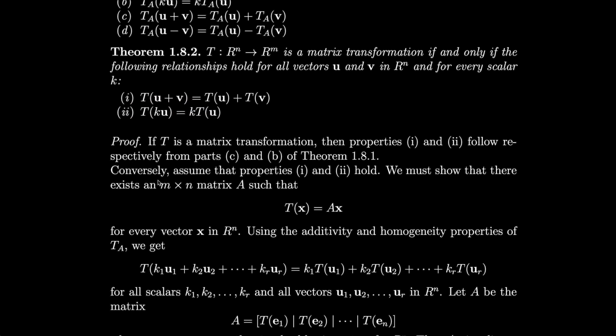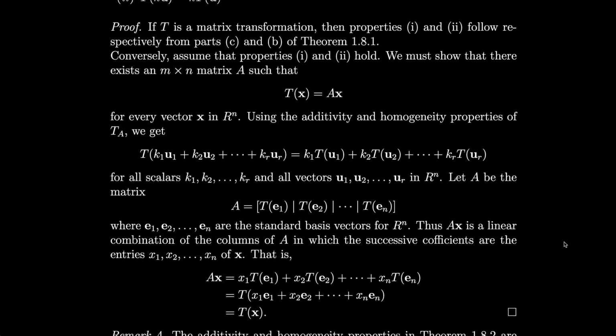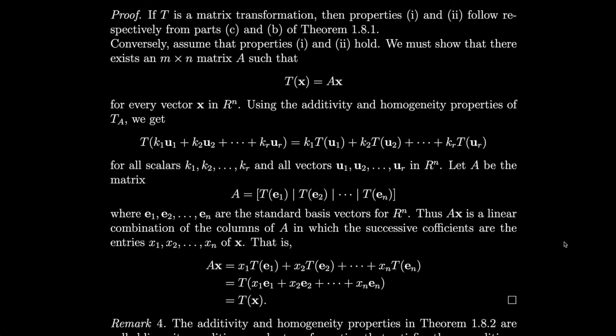So we'll get T of each of these constants times vectors. I'll do k1, k2 through kr. We'll pull out each constant. And that's true for all scalars, all those constants k1 through kr, and all the vectors u1, u2 through ur in Rn. All we have to do now is let A be the matrix whose first column is T of e1.